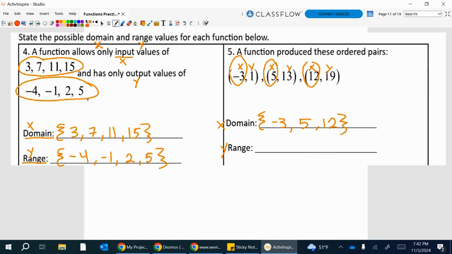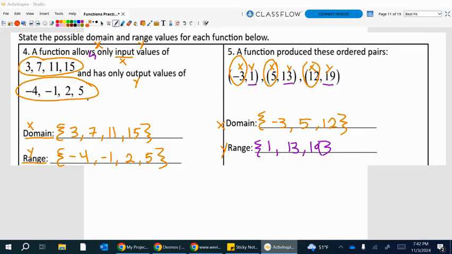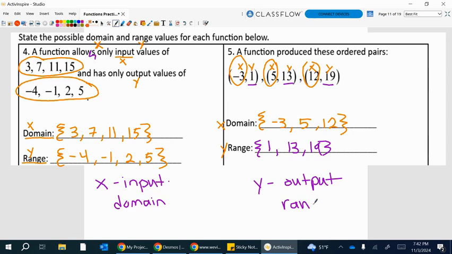Then for my range, I'll switch colors here for you. I'm going to write all of my y values: 1, 13, and 19. That's it. Just reminding you that x is the same as the input, which is the same as the domain. Y is output and range.